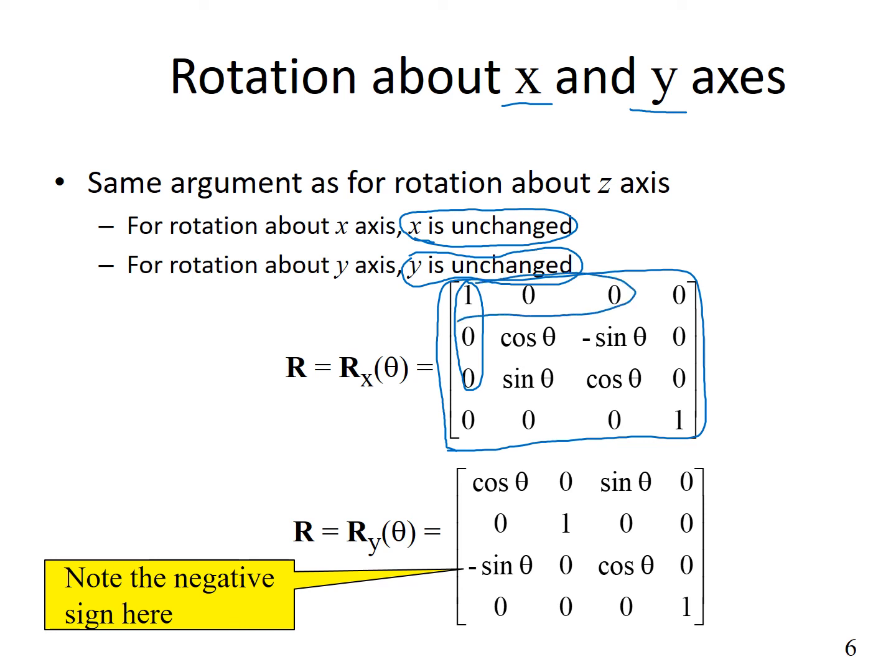And we have similar cos theta, minus sin theta, cos theta values here. Over here the sign changes, we have a positive sin theta over here and a negative sin theta over here, and we have these columns and rows as 0 1 0, which specifies that the second coordinate, which is the y coordinate, will remain the same, will get multiplied with 1, and when we are calculating the new y location of the point, it will be the same as the previous y location.